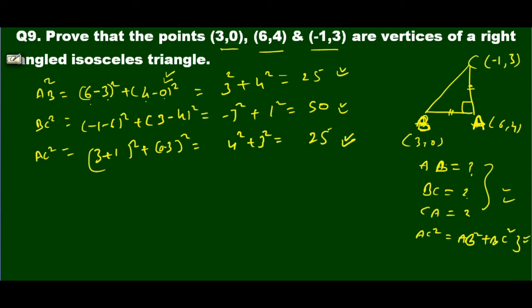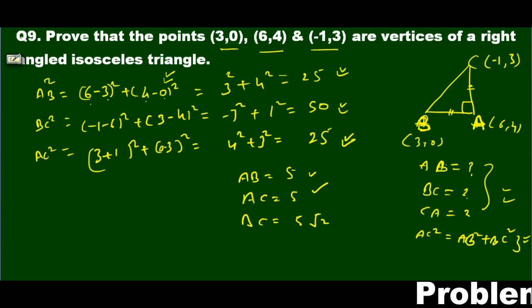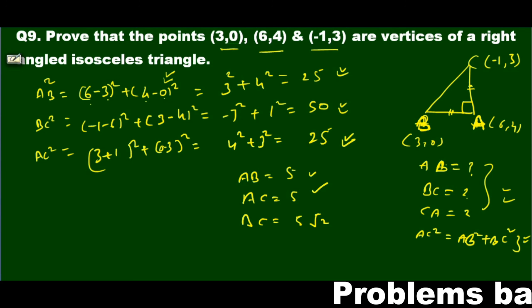It means here AB equals 5, AC equals 5 and BC equals 5 root 2. So two sides are equal, and when we put the values of AB square, BC square, AC square in this condition, then the condition is satisfied. It means these are the vertices of a right angle triangle.